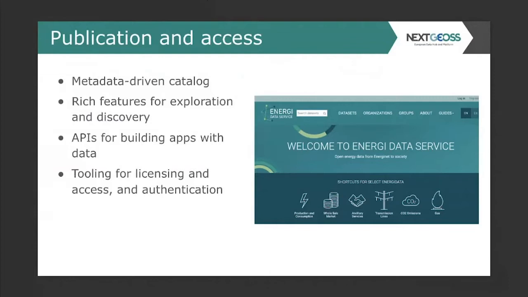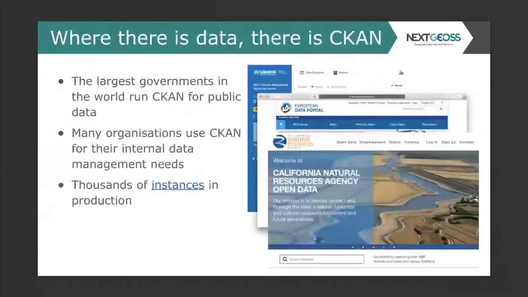Given that CKAN has been a solution in this space of public data release for a good 10 years, wherever you see a data platform online, there's a very good chance that CKAN is behind that data. The largest governments in the world run CKAN for public data, from the US to Australia, the UK, and many more.